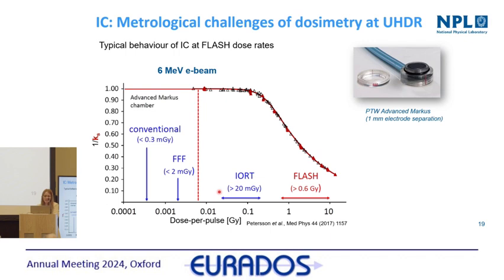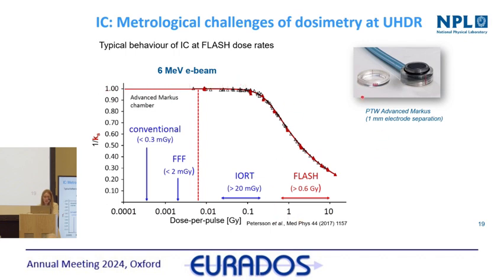But what the slide is representing is work that has been done by my colleague Christopher Peterson from Oxford, demonstrating the behavior of a typical secondary standard ionization chamber used for electron dosimetry when operating it at ultra-high dose per pulse beams. What is on the y-axis is the so-called ion collection efficiency, and we can see that when we are operating at the conventional dose rate levels or the conventional dose per pulse levels of electron beams, the ion collection efficiency is essentially 100%.